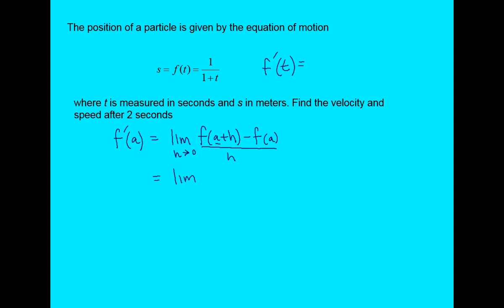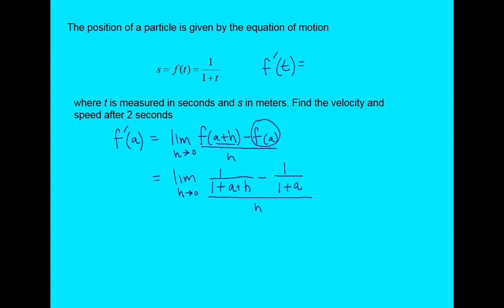I will be plugging in a plus h into our equation wherever we see our variable. So we would have 1 divided by 1 plus a plus h, now we have minus f of a, so minus, now let's plug in a wherever we see our variable, so we'd have 1 divided by 1 plus a, all divided by h as h goes to 0.